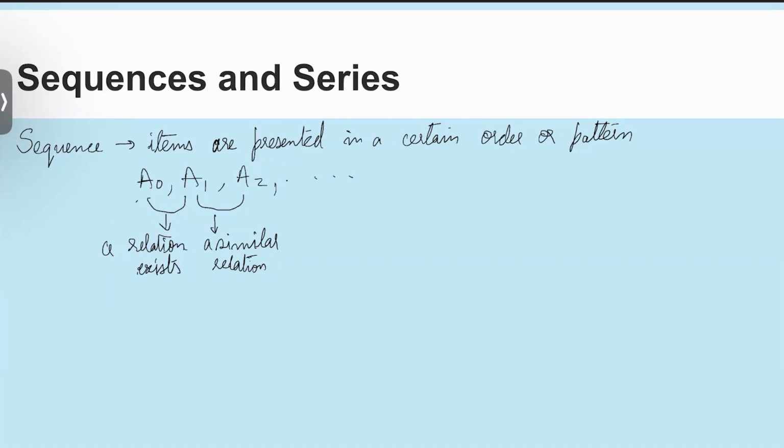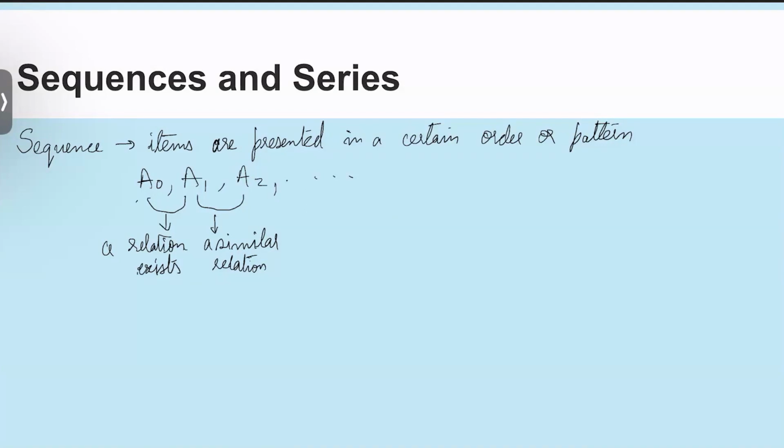There will be a certain rate of increase or decrease. When you present these things in an ordered form, it can be called a sequence. This is what we understand by the term sequence.